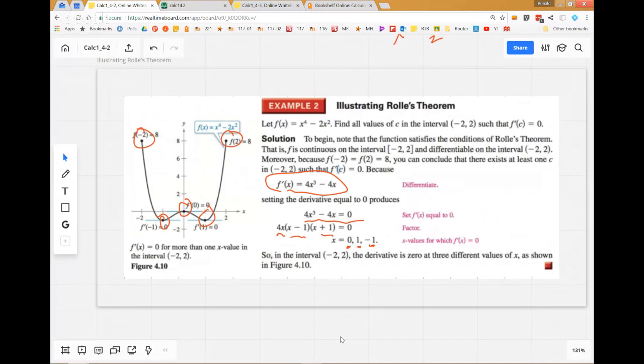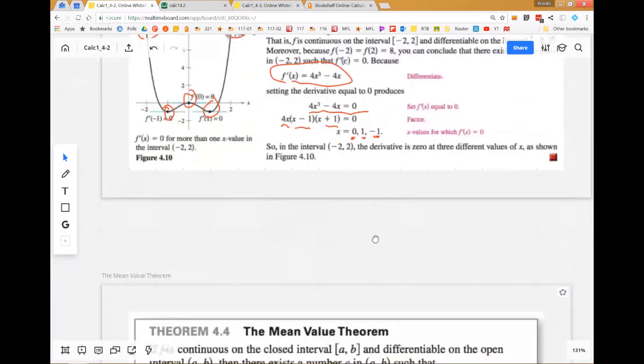And we can easily find it by finding the derivative and solving when that derivative is equal to 0, like we did here. You will get at least one place, and sometimes you get more, like the problem we just did. Okay, it's time to move on to the second theorem, which is almost identical.